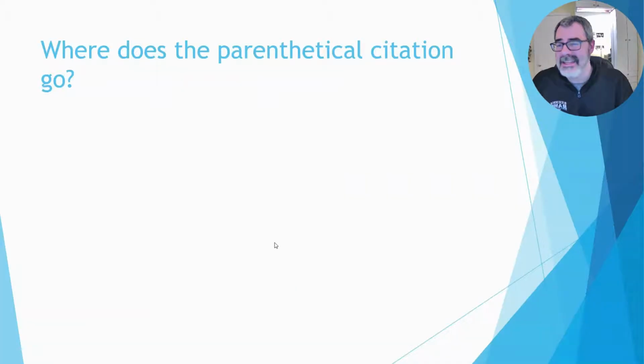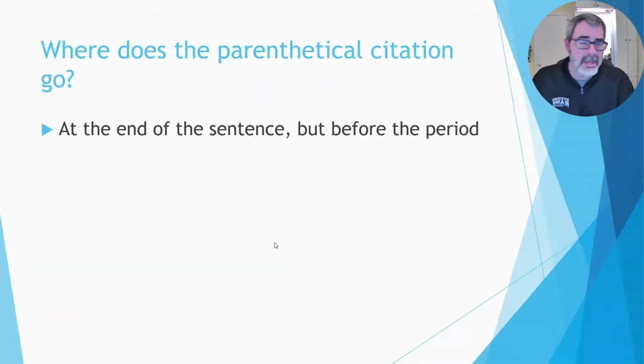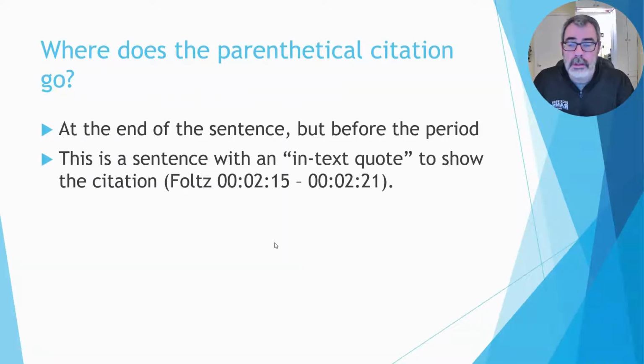What about a parenthetical citation in terms of its location? Where does it go within the essay? It goes at the end of the sentence, but it goes before the period. Let's pretend that this is our sentence that we wrote within our essay. Let's pretend that within quotation marks, this is what we quoted from the Harrison Bergeron video that we watched.